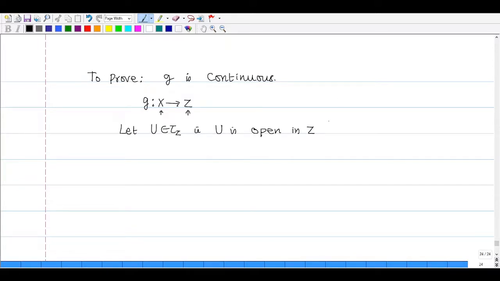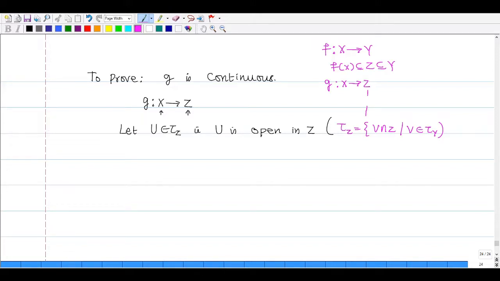We know that tau Z is the set of all V intersection with Z where V is open in tau Y. See நல்லா பாத்துக்கோங்க. f is a function from X to Y, and f of X is a subset of Z which is a subset of Y. Now g is a function from X to Z. அப்ப இது கண்டினியூஸ்னு சொல்றதுக்கு இதுல ஒரு ஓபன் செட் இருக்கு.